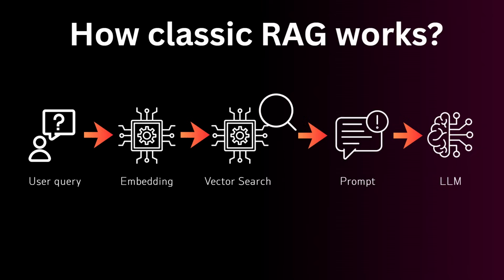This entire pipeline is built on semantic similarity, and that's both its strength as well as its limitation. There is no structure here, no explicit entities, no understanding of relationships between pieces of information. The system doesn't know why two chunks are related. It only knows that they sound similar. And that's exactly where problems begin.